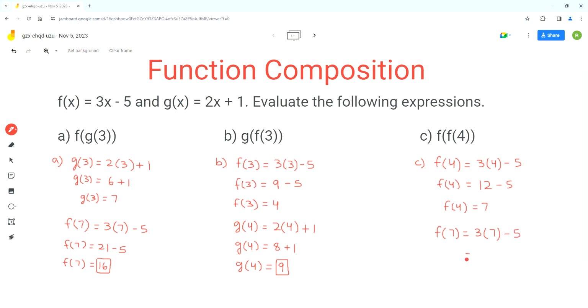We know 3 times 7 is equal to 21, minus 5. So f(7) is equal to 16. So this should be the final answer for part C.